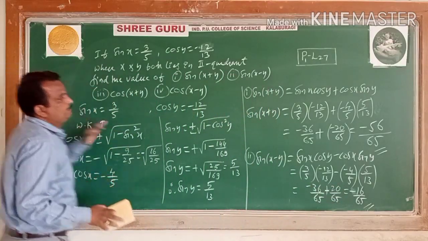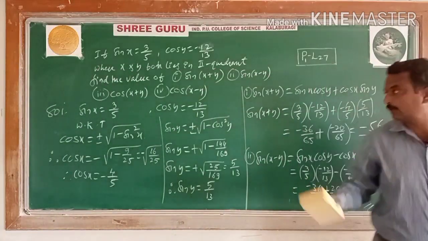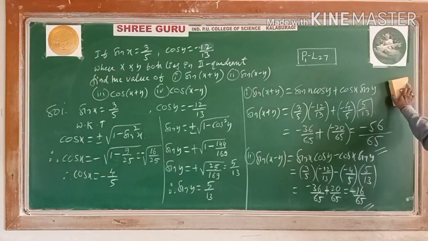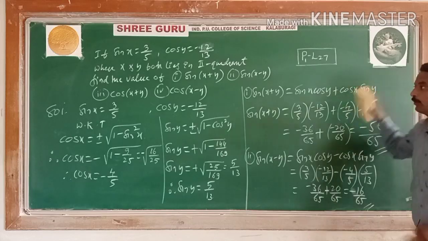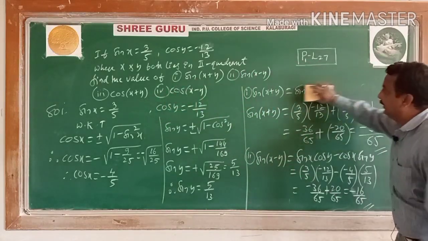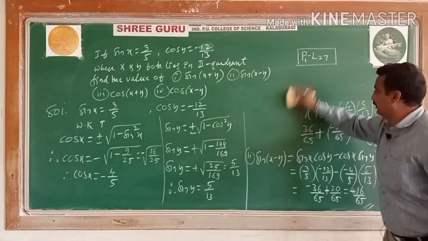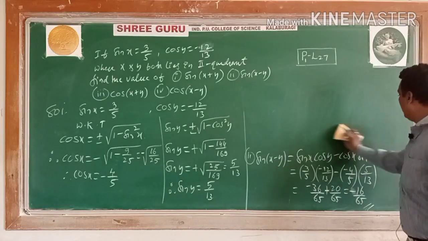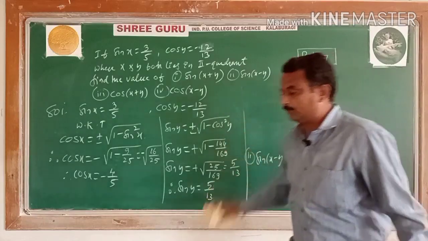Let us go for the cos sum and cos difference. I hope you have completed the earlier ones, or you can try these two also. Those who have completed, you may calculate next cos of x plus y.